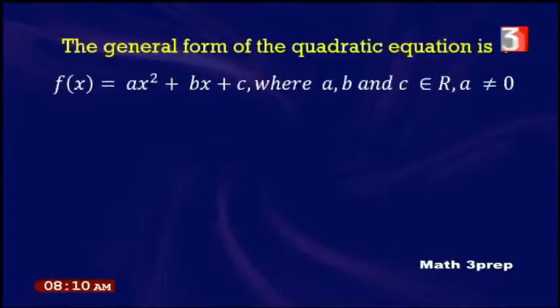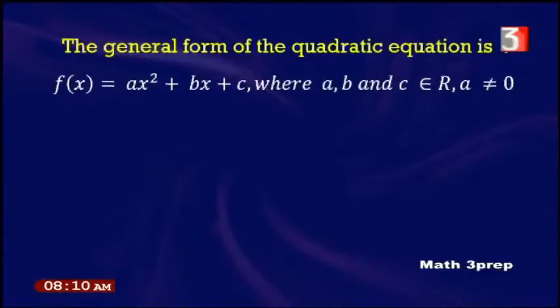Why a cannot be equal to 0? Because if a is equal to 0, then 0 multiplied by x squared gives 0. So the equation will be of first degree and not of the second degree. And as it is a quadratic equation, its greatest power must be 2.